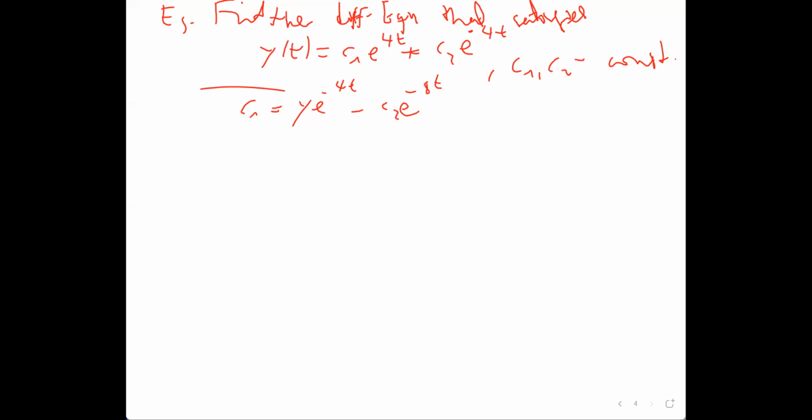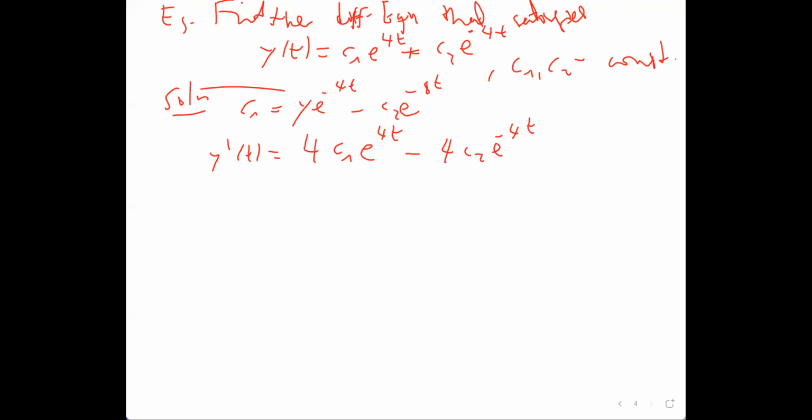I take the first equation, the solution, and then I find the derivative y'. The y' will be equal to 4c1 e^(4t) minus 4c2 e^(-4t). This is y'.